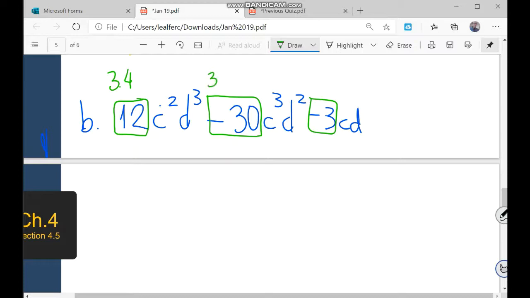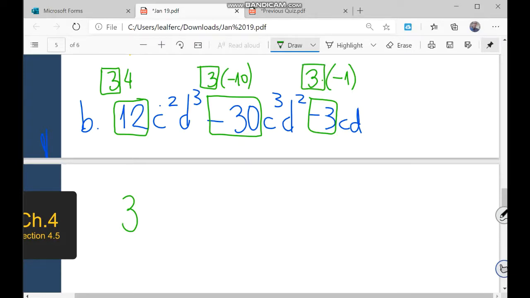Negative 30 is 3 times negative 10. And negative 3 is 3 times negative 1. Can you see that the common factor is going to be 3?